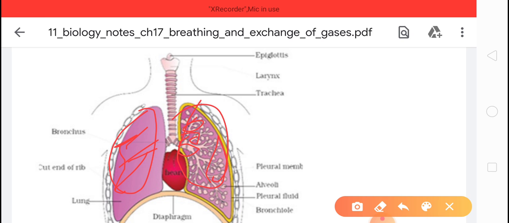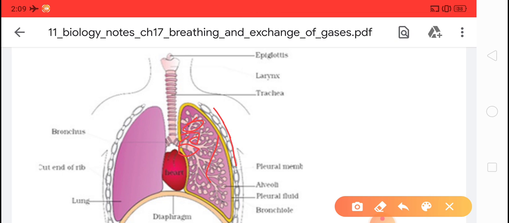Now you can see in the picture, the two lungs are there. These two lungs are covered by the pleural membrane. You can see the two membranes there.